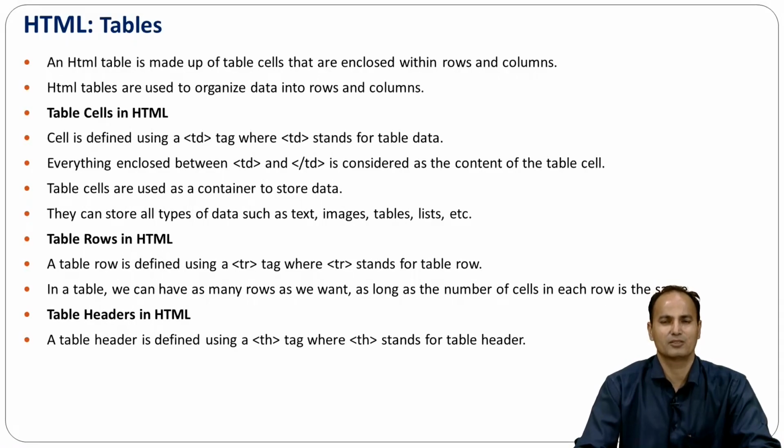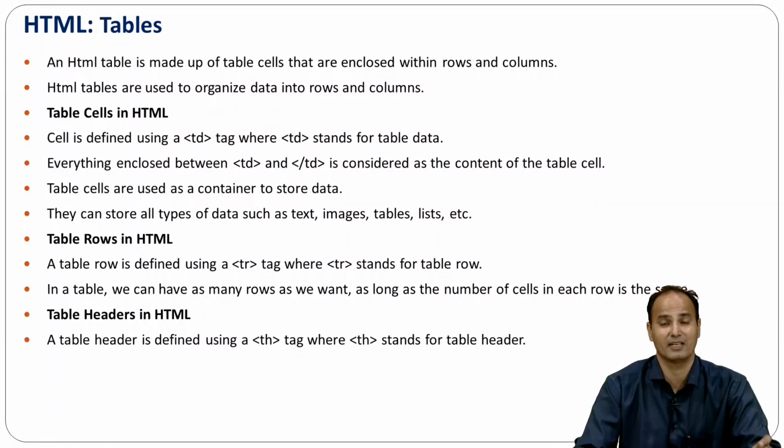To create a table, HTML provides us a wonderful functionality in the form of the table tag. Using the table tag, we can create a table in HTML and display the content in a row and column manner. An HTML table is made up of table cells that are enclosed within rows and columns. HTML tables are used to organize data into rows and columns.